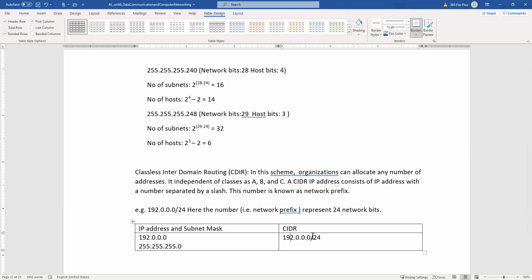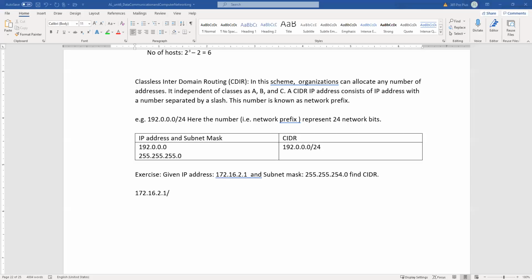Any questions? In this one, we talk about classless inter-domain routing, or in short, CIDR. In this scheme, it does not depend on the classes that we discussed earlier. It is independent of classes, and it consists of an IP address and a number separated by a slash.